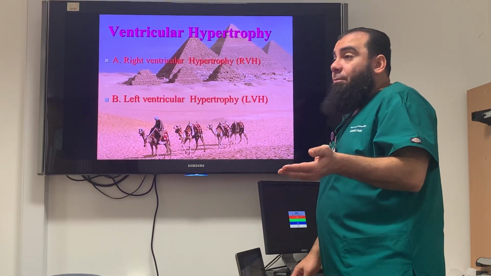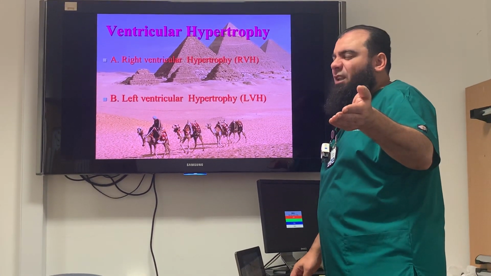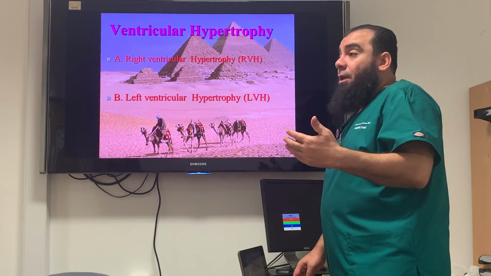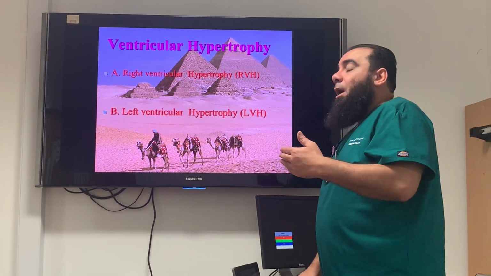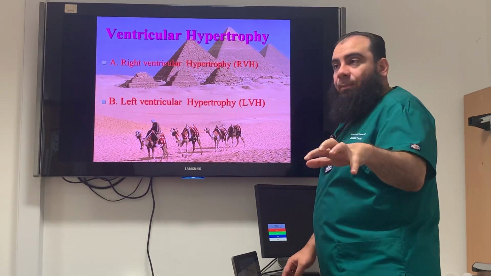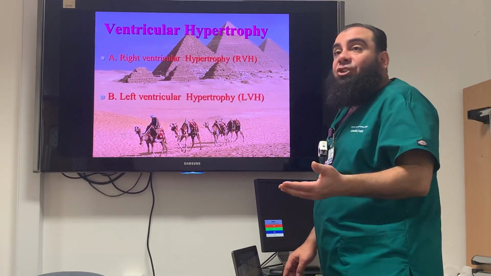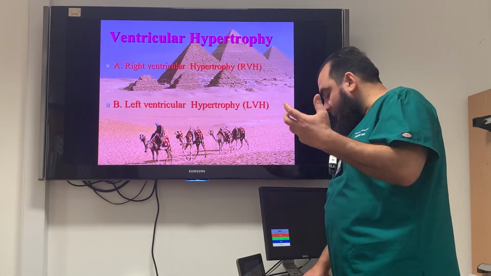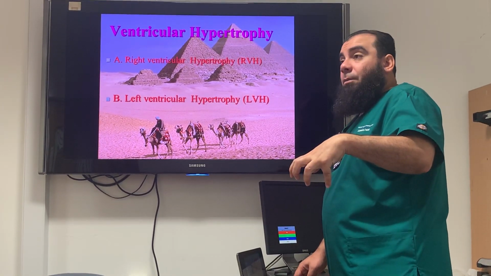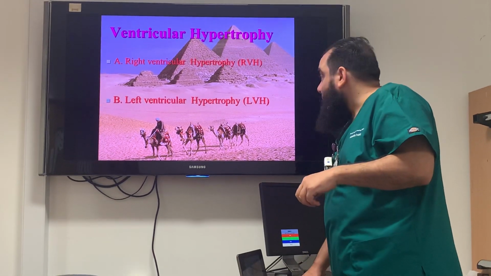Another criteria can be left axis deviation. We have seen lots of left bundle with right axis deviation, so it is not a fixed criteria, but it is one of the criteria mostly can be there, including ST segment changes. But it is not actually the main criteria of diagnosing left bundle. Okay.